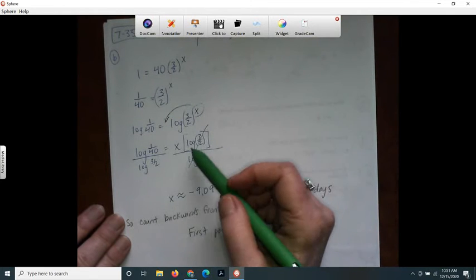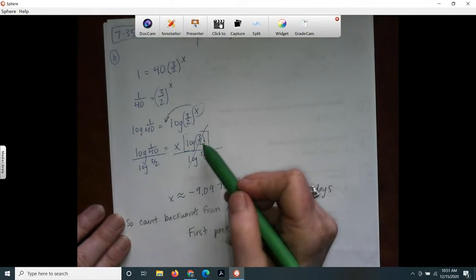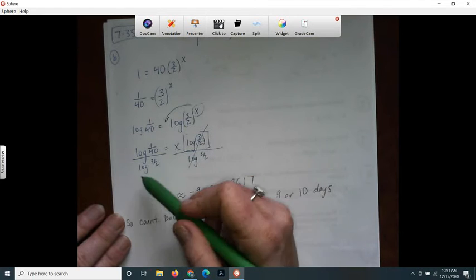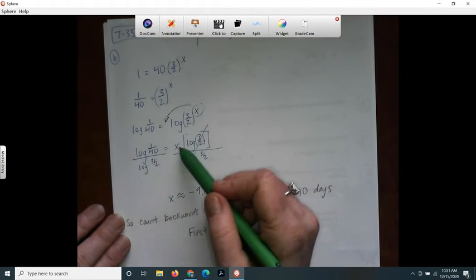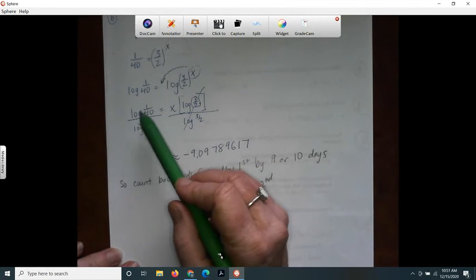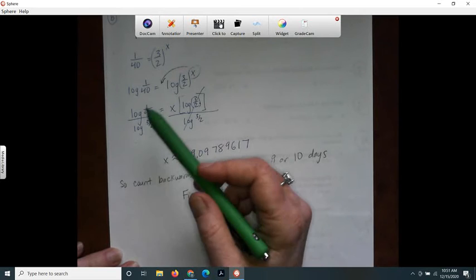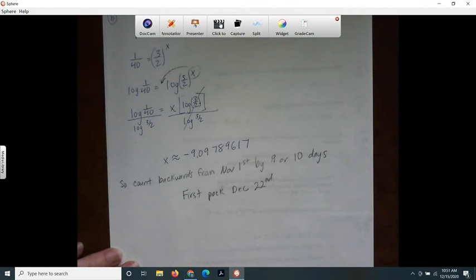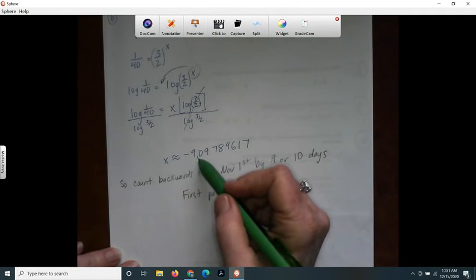That's why I have it written as x times log of 3/2. Then I divide both sides by log 3/2 to get x by itself. So x ends up being log of 1/40 over log of 3/2. I put that in my scientific calculator, and I got that x was about negative 9.09.